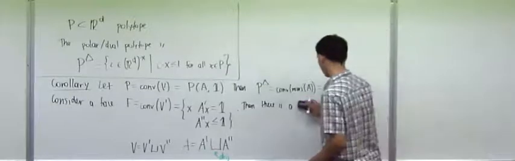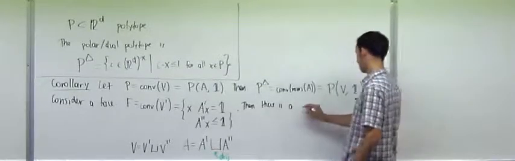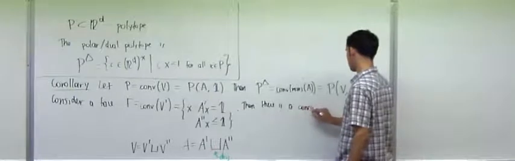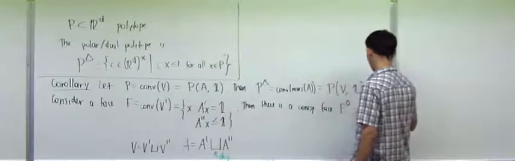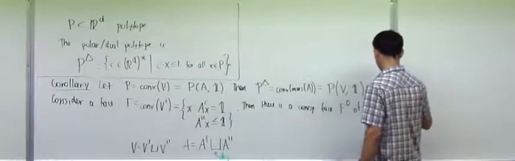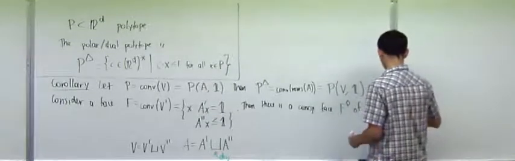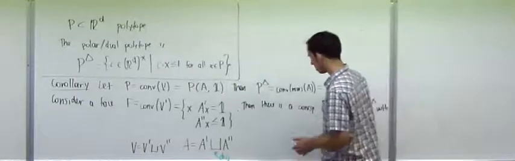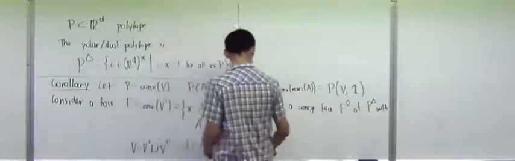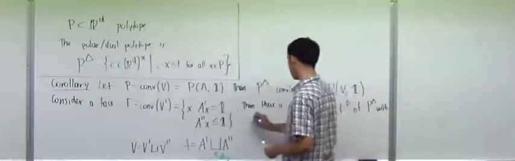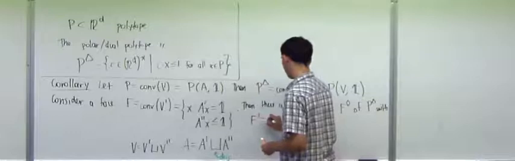Or maybe let me say there's a corresponding face F diamond of the dual polytope, and now I'm going to write the description of F prime, okay?